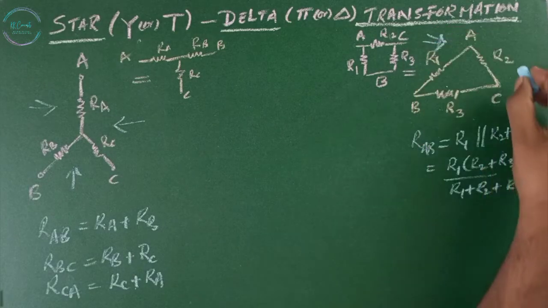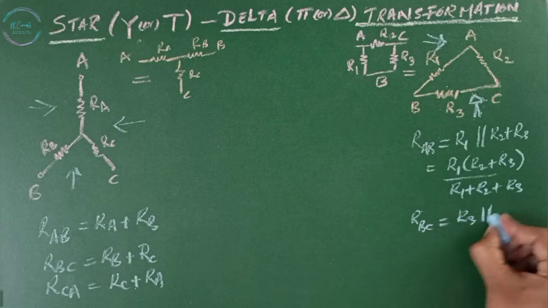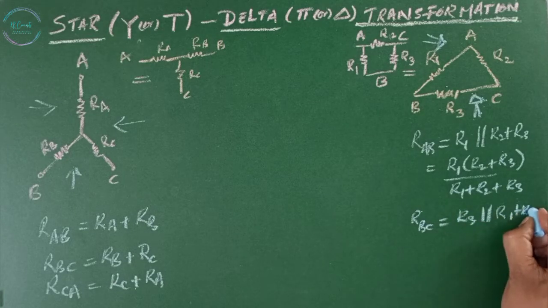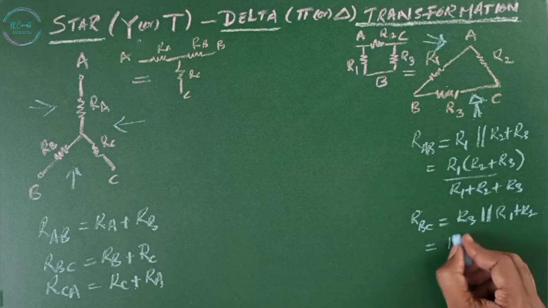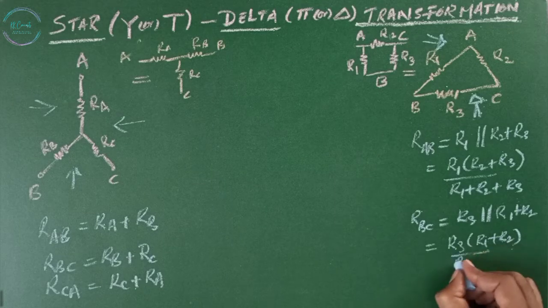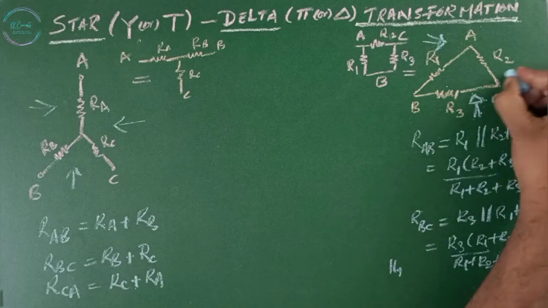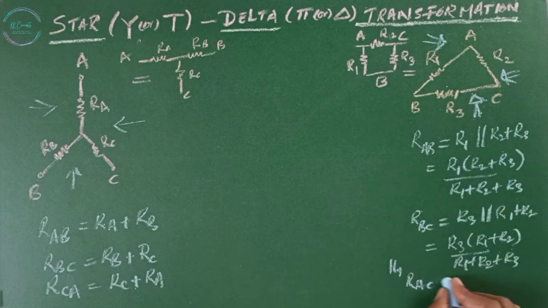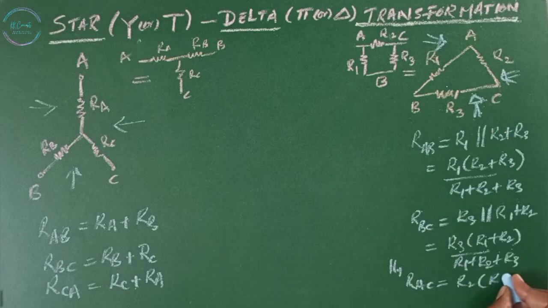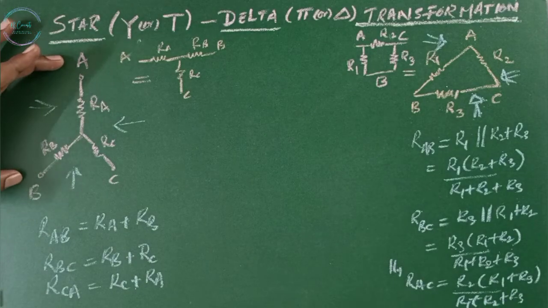From this side, RBC equals R3 in parallel with R1 plus R2, which equals R3 (R1 plus R2) divided by (R1 plus R2 plus R3). Similarly, from this side, RCA equals R2 (R1 plus R3) divided by (R1 plus R2 plus R3).